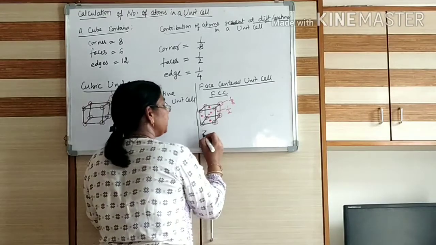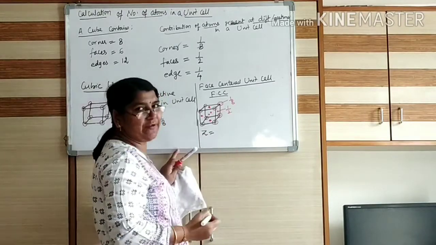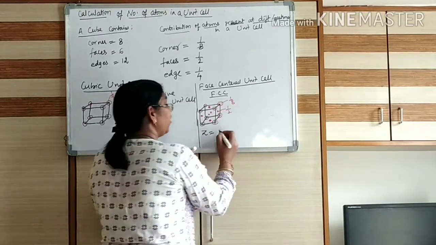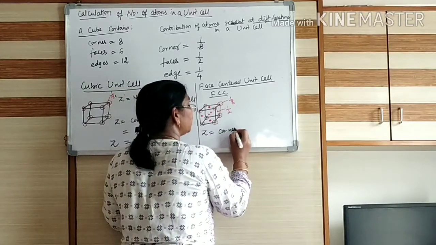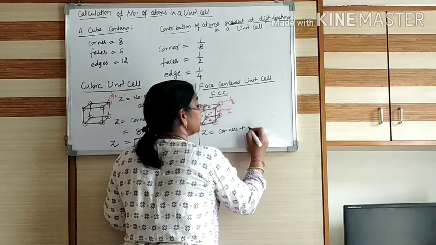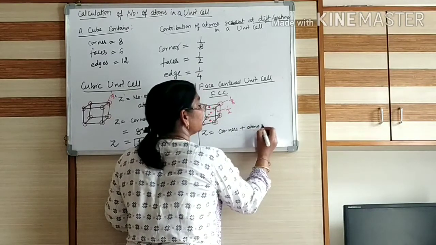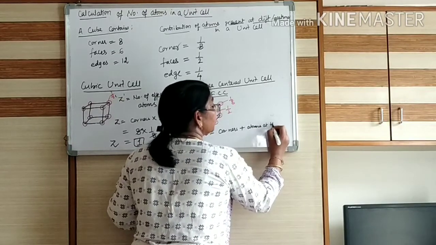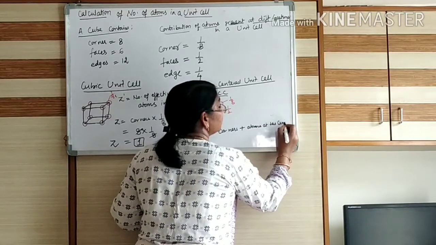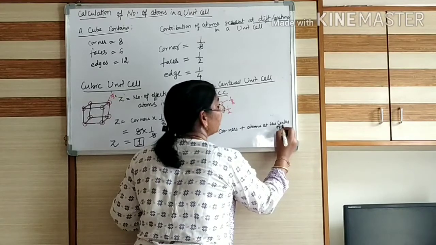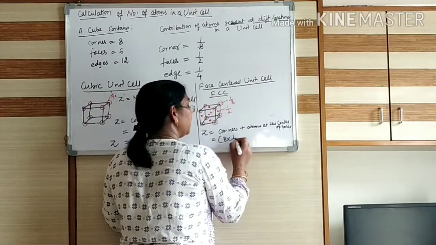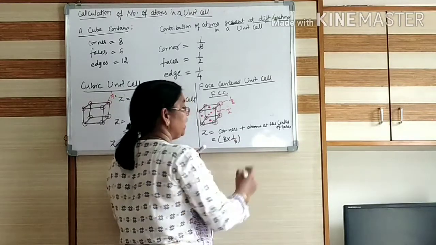So Z for this, total number of effective atoms in FCC, will be corners plus atoms at the center of faces. So 8 corners and each atom contributes 1/8.